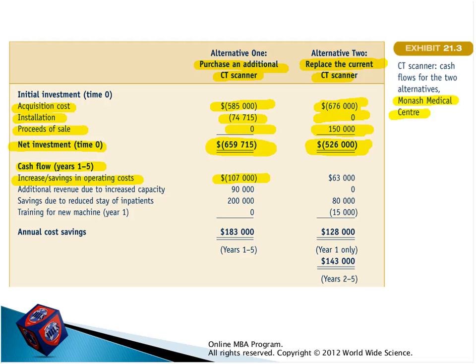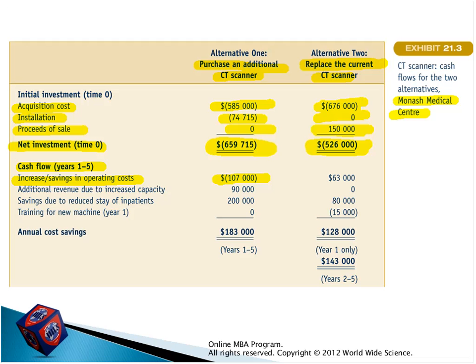Of course, if we have more equipment, then we have more people to look after those CT scanners and work with them, right? So we might guess that this operating cost is all about recruiting additional staff.